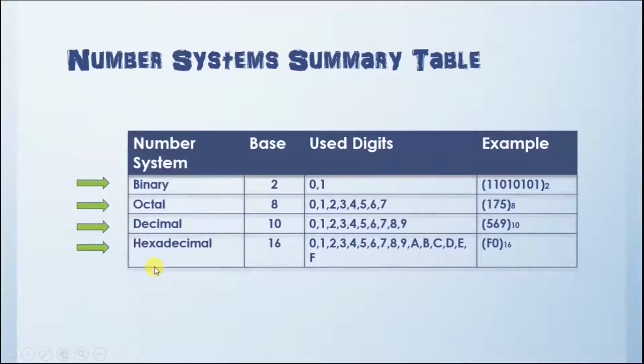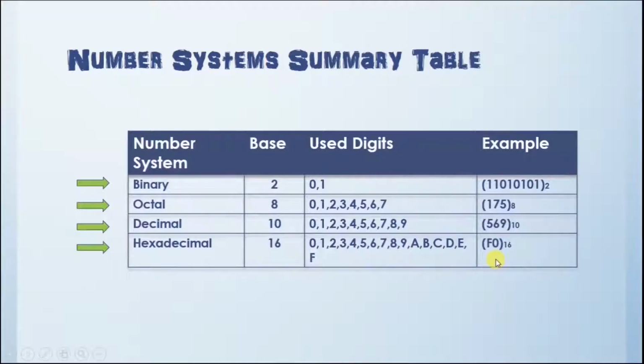So last number system is hexadecimal number system. Hexadecimal number system has the base 16. That means that the symbols used in this number system are 16, from 0, 1, 2, 3, 4 till 15. So this is the example of the hexadecimal number system.